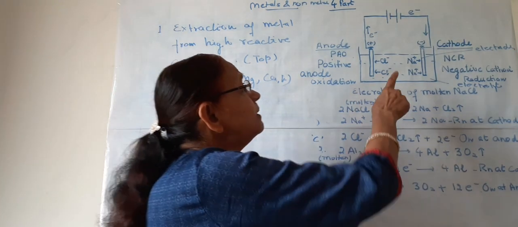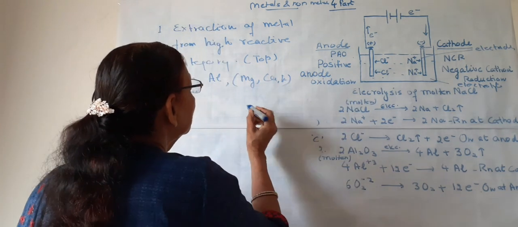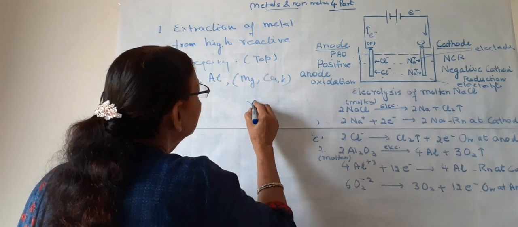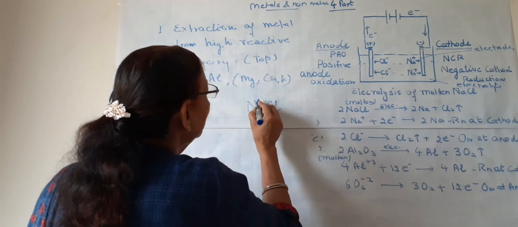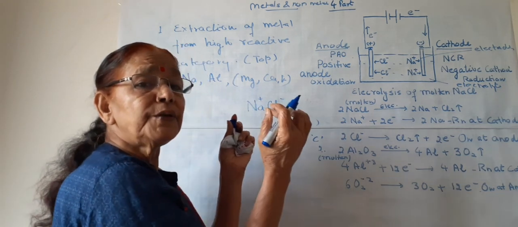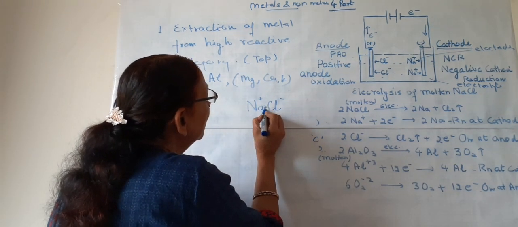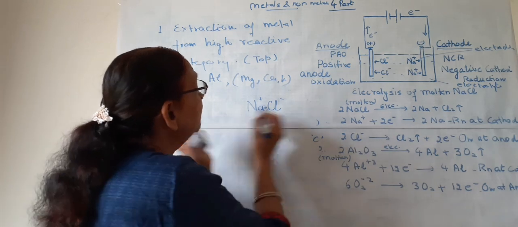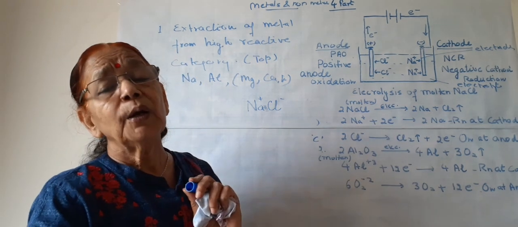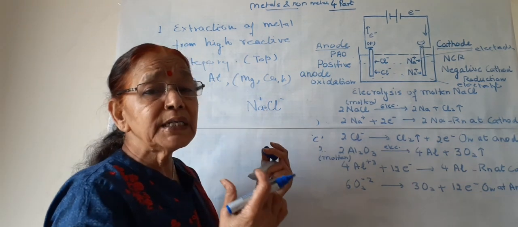Because NaCl, all of you know, is an ionic compound, and it has these ions which are present together with each other, and a very strong ionic bond is present between sodium and chloride ions. So these ionic compounds are very strong.